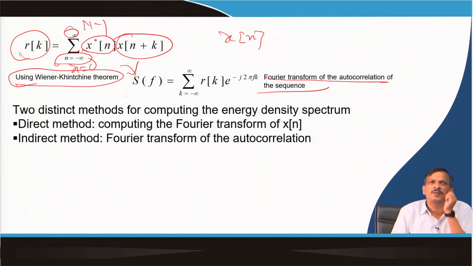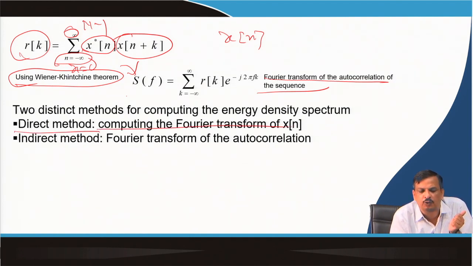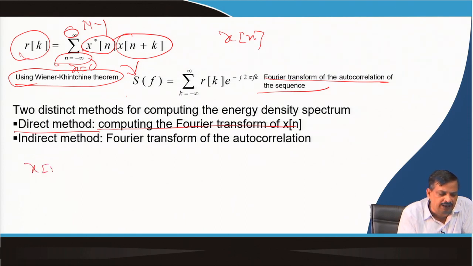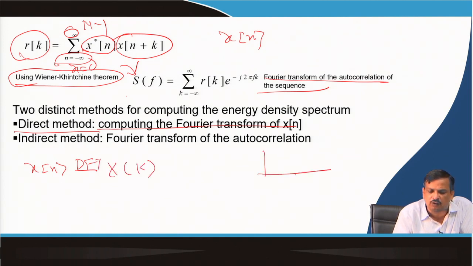So, what is said? It said that I can calculate the spectrum of a signal using two methods. One method is called the direct method, computing the Fourier transform of x n. So, in the direct method I know x n, I compute X k using the discrete Fourier transform, and then I can draw the k versus mod of X k curve.